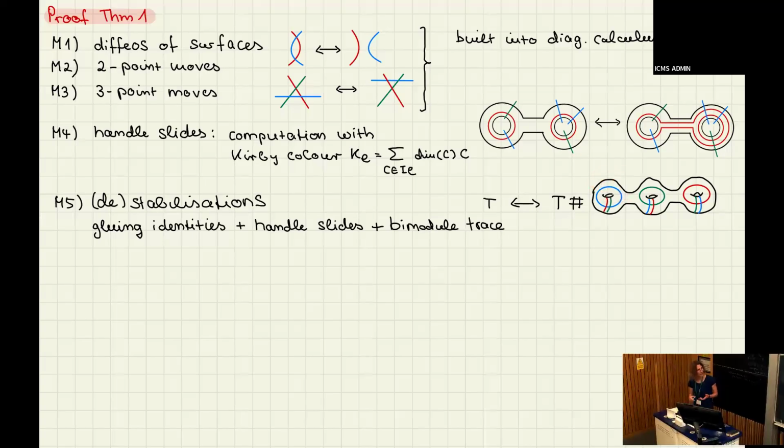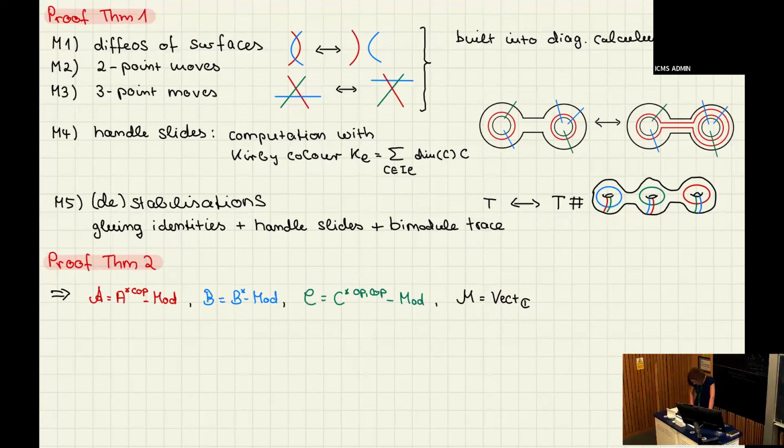And then we slide the blue and the green curves over the other curves that are there with the handle slide identity. On the other hand, we know that this defines a bimodule trace. And in this way, we can compare and we get the statement that it doesn't depend on the boundary label. But this is not so easy. It's all really properties that are very intrinsic either to spherical fusion categories or to the diagrammatic calculus.